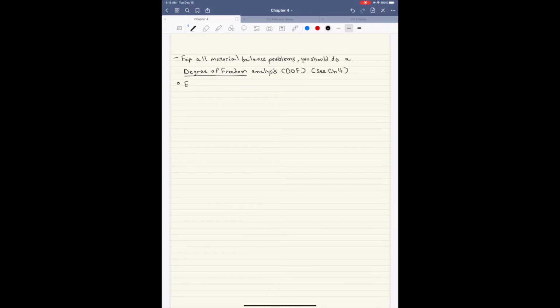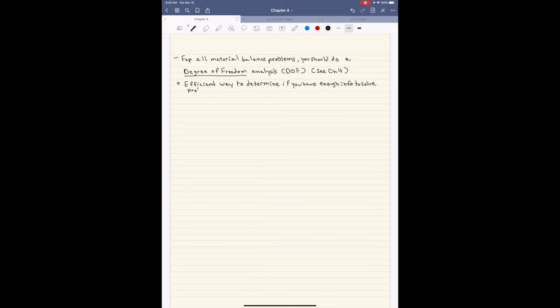And so this degree of freedom analysis is an efficient way to figure out or to determine if you have enough information to solve your problem.